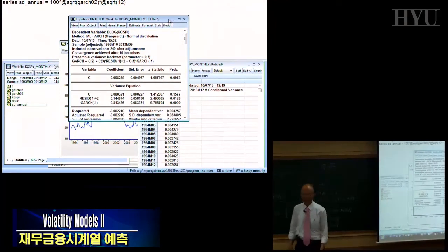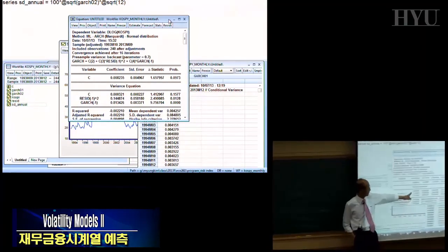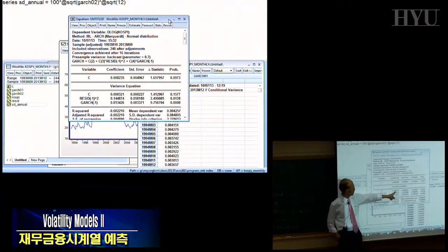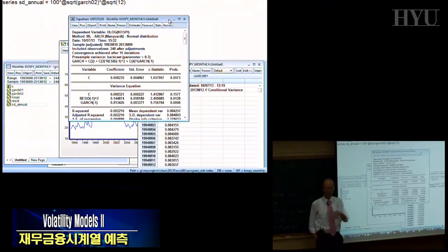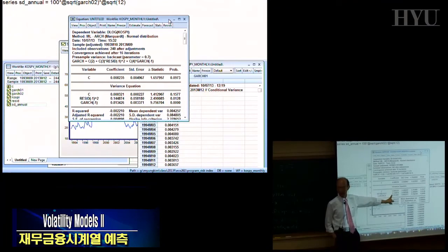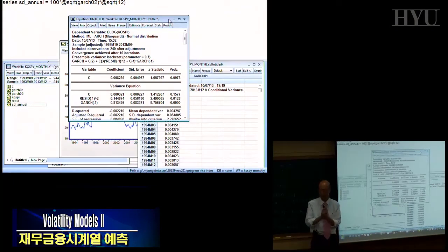So baseline volatility is simply this 0.000321 divided by 1 minus this coefficient. Right? Then that will give you sigma squared, right? This figure is a proxy for this one. And multiply that by square root 12 to annualize it.